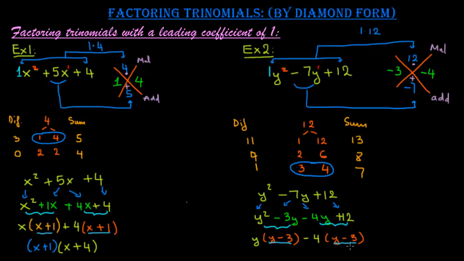If they're not the same, it means you did something wrong. Seeing they are common to both terms, we're going to factor it out one more time. So you have y minus 3. We factor it out, and that leaves me with y minus 4 in the other parenthesis. And that is the answer for example 2.